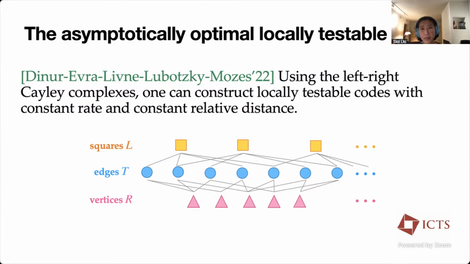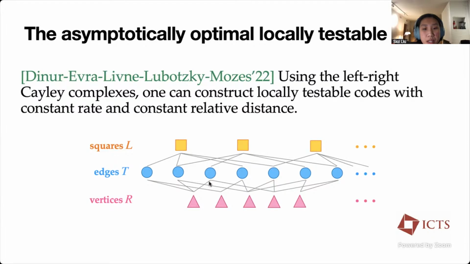And from this complex, we can actually construct a tensor code diagram, similar to the way we drew it before. Specifically, this left-right Cayley complex is a square complex. So it consists of vertices, edges, and faces, which are squares. I can draw this diagram over here where the blue squares correspond to squares in this complex, the blue dots are edges, and the pink triangles are vertices.